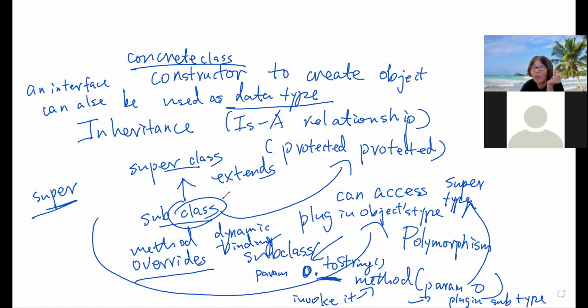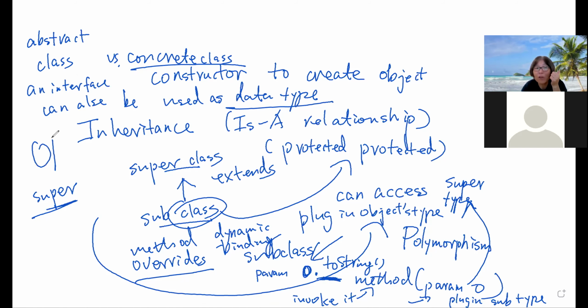And over here, it also involves another concept that we learned: abstract class. An abstract class can be a superclass. The Object class in Java is a concrete class. Be careful, it's not abstract.